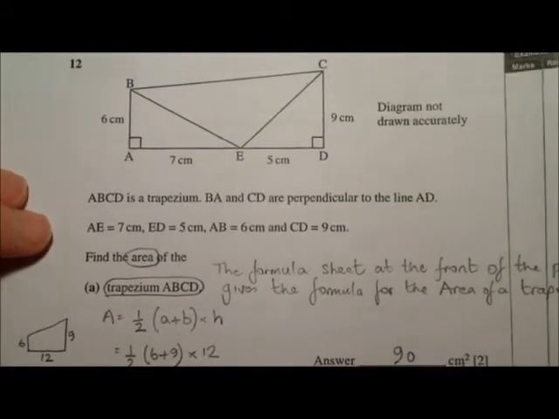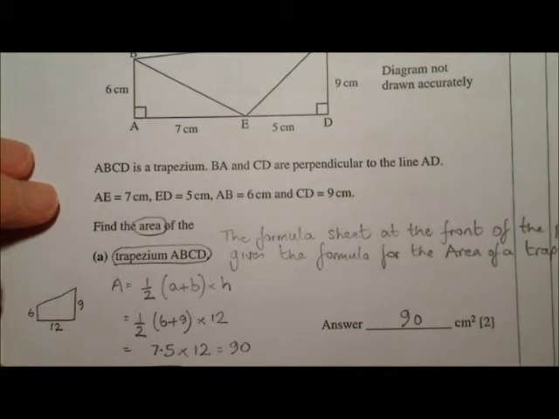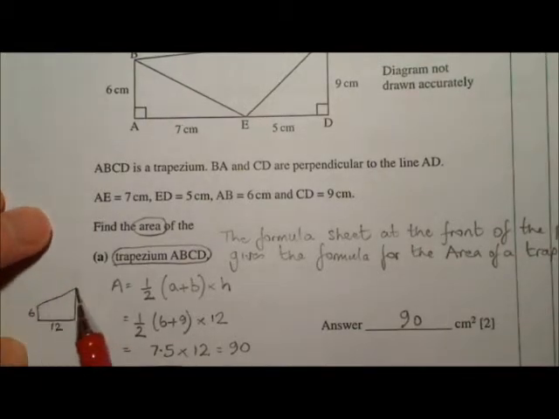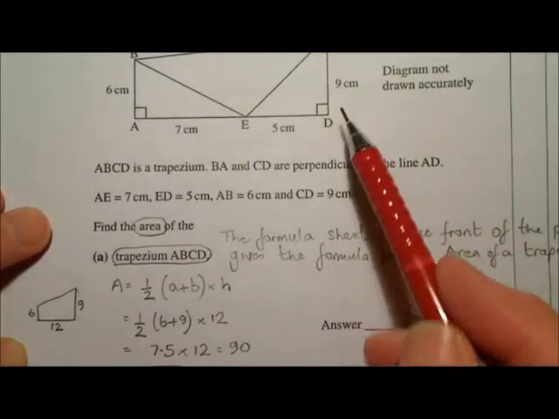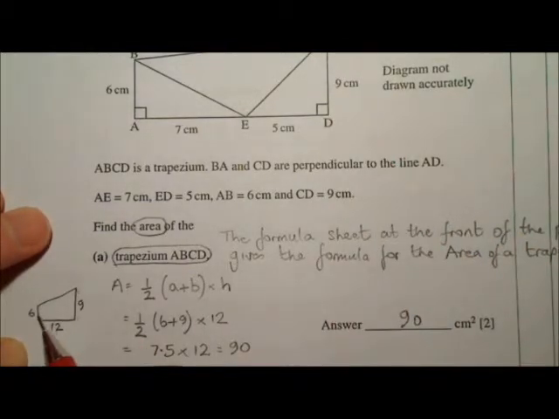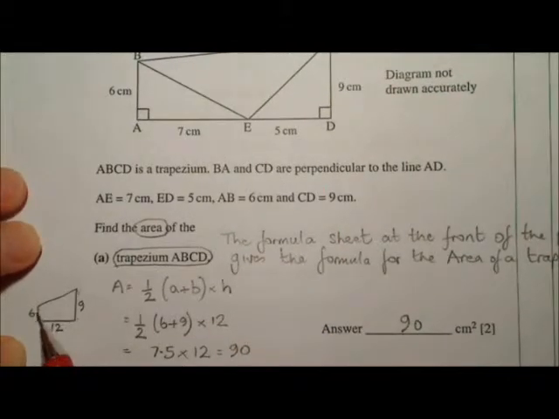So we've got our trapezium, and I've just drawn it again here. We've got 9 centimeters along this side, 6 centimeters along this side, and 7 plus 5 makes 12 along here. So these are the 2 parallel sides here.